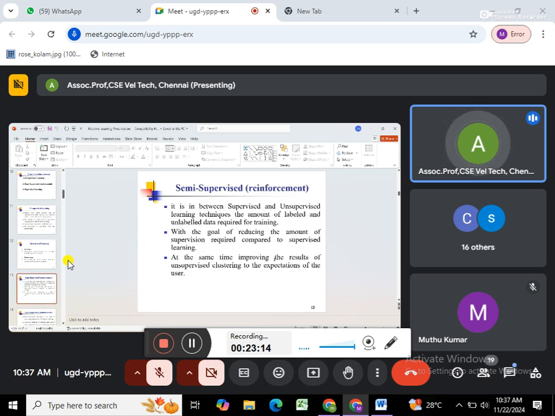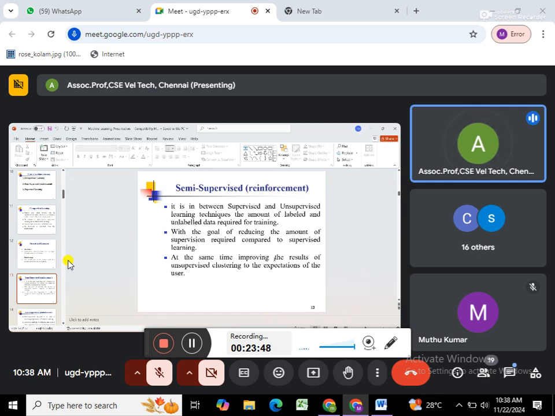Now coming to semi-supervised or reinforcement type of learning. What is that? Semi-supervised learning is intermediate between supervised learning and unsupervised learning, right? What is the goal of this? The goal is reducing the amount of supervision required. If you go for a supervised method, the amount of supervision required is much higher. We need to reduce that, so the complexity of supervised learning should be reduced first.